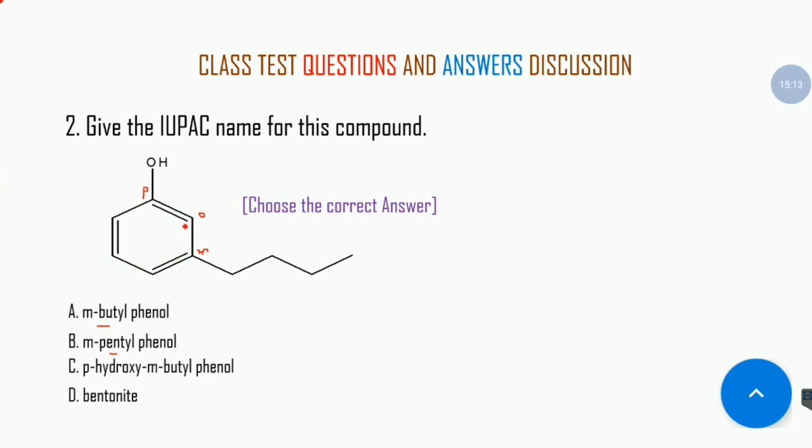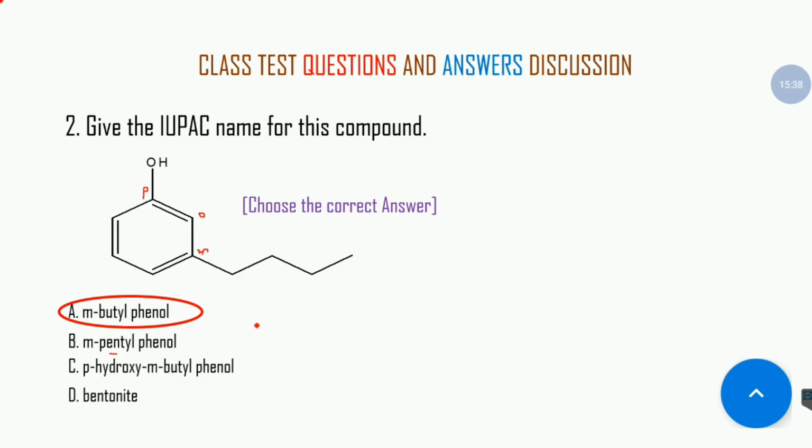So there are 4 carbons, that means it's a butyl. And this structure has an OH group, benzene with OH group, that means it's a phenol. So it's simply option A, that is meta butyl phenol.